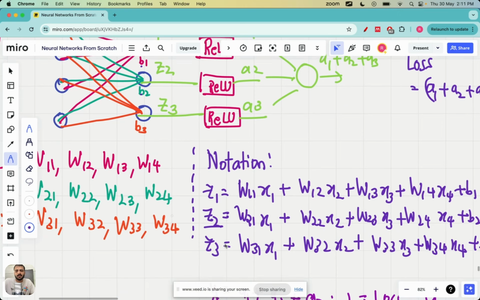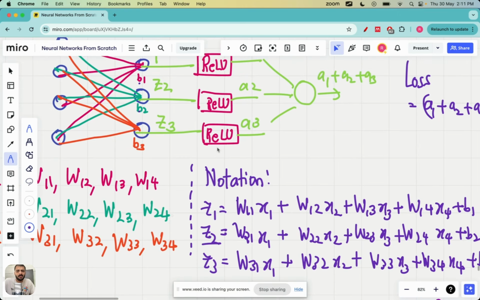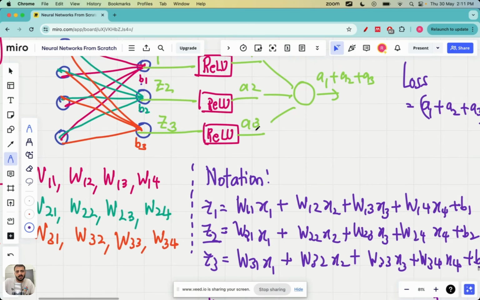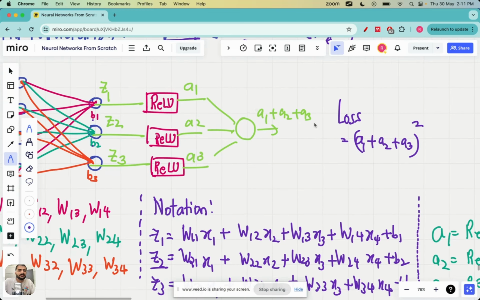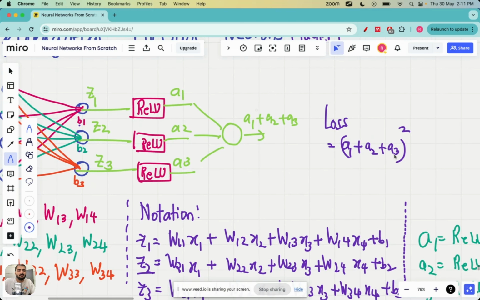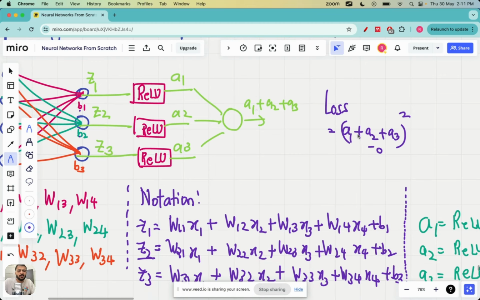And the output of the third neuron, which is Z3, is passed through ReLU, which leads to an answer of A3. Finally, there is another neuron here which sums up these outputs, A1 plus A2 plus A3. And the loss is basically (A1 plus A2 plus A3 minus 0) the whole square, which is essentially (A1 plus A2 plus A3) whole square. So the true value of the output is equal to 0.